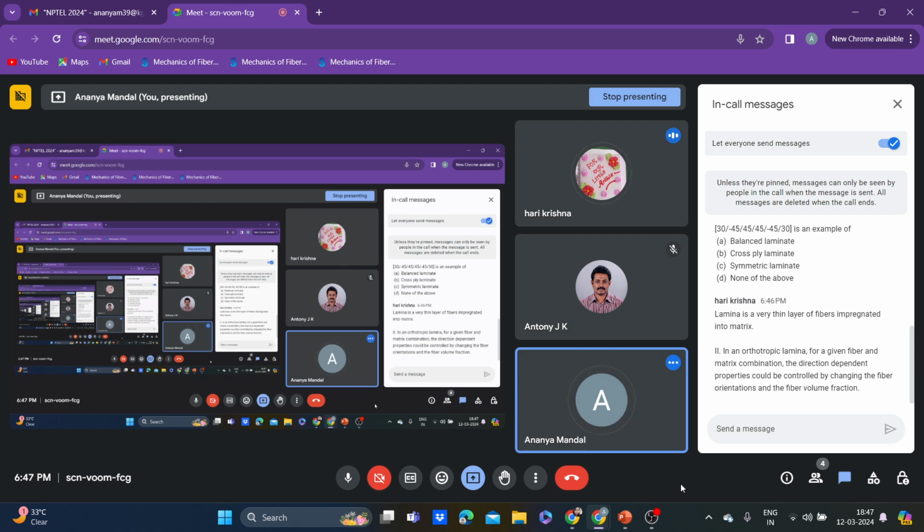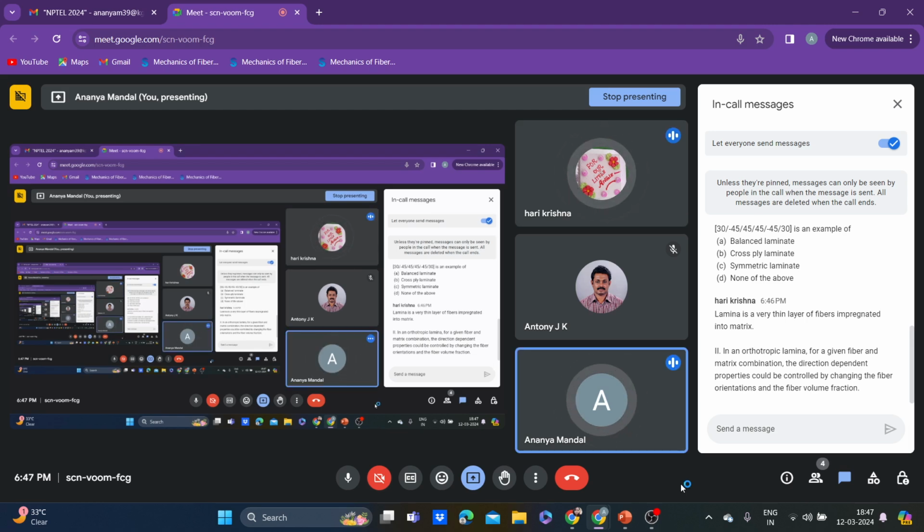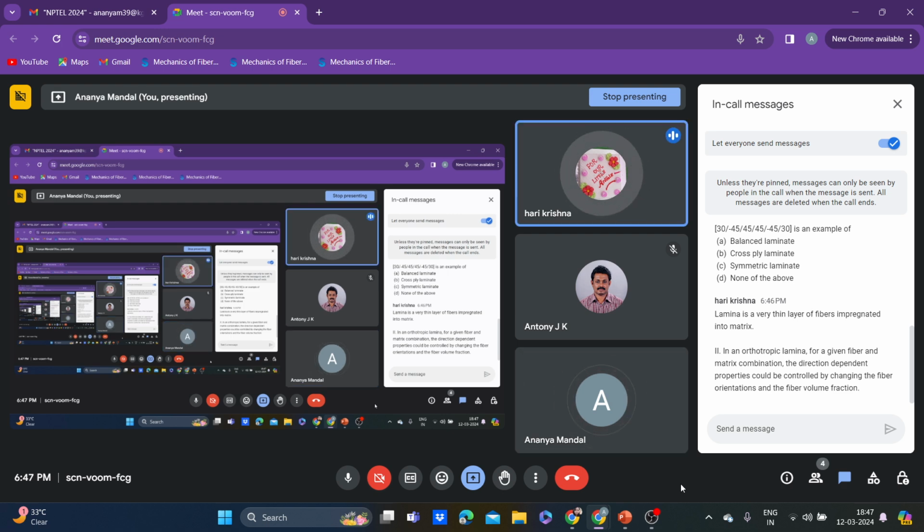If the fiber volume fraction is higher, the fiber's properties will be more, and the fiber gives you more longitudinal strength. So if the fiber volume fraction is higher, the strength will be higher, because the matrix has lower strength than the fiber. So if the fiber is more, it will overpower the overall composite. That's why fiber volume fraction is there.